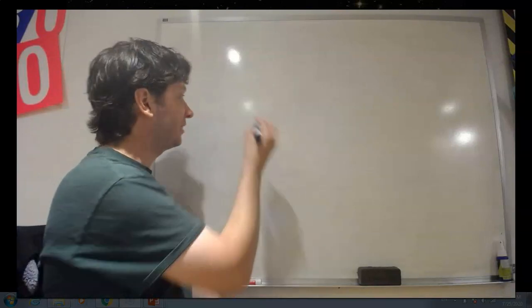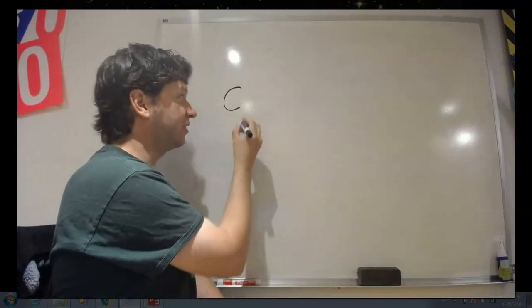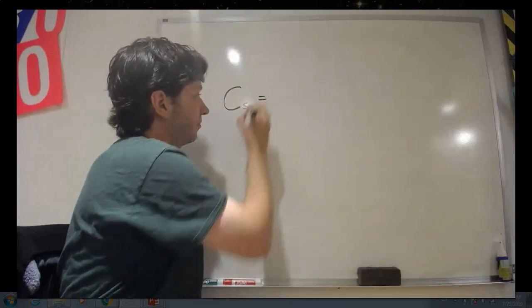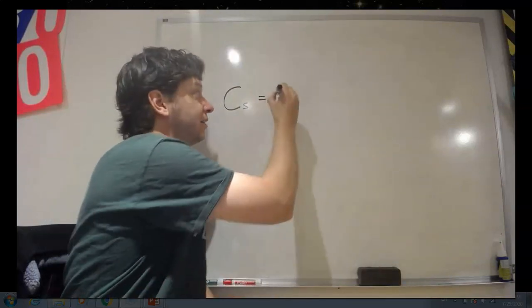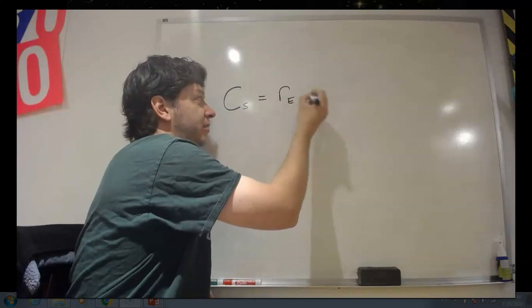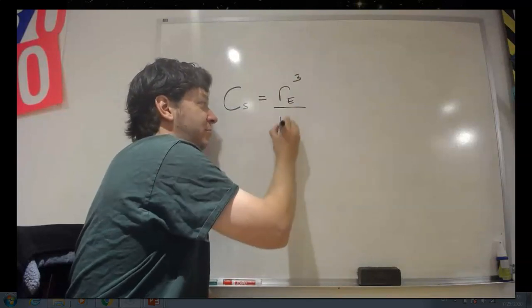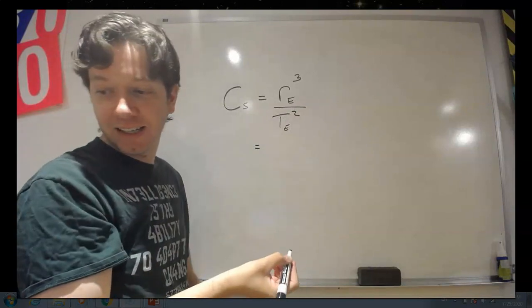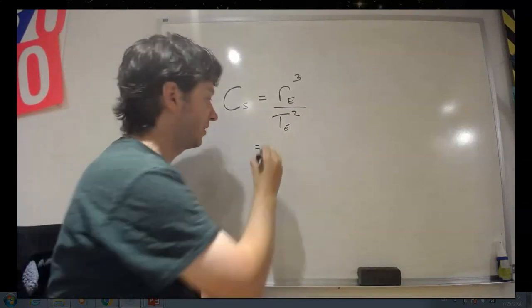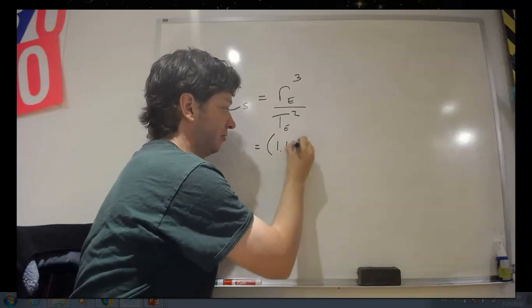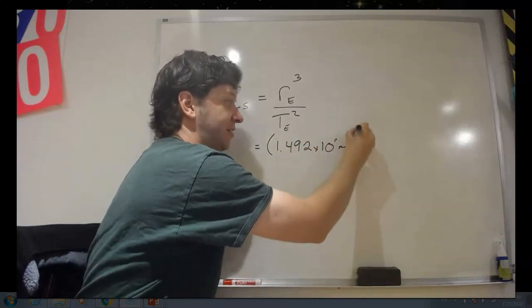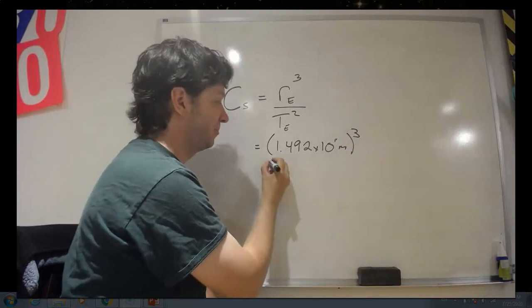So we can calculate the constant, and I'm going to write subscript S because it's for the Sun. And it's our radius of Earth cubed over its period squared. Now the radius is, what was it, 1.492 times 10 to the 11 meters, and we have to cube that. See what I mean about big numbers?